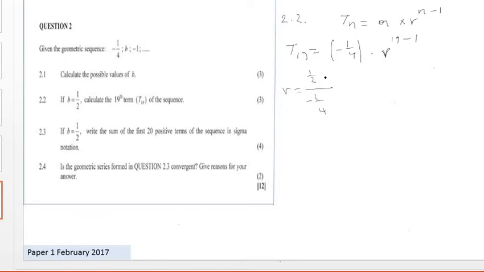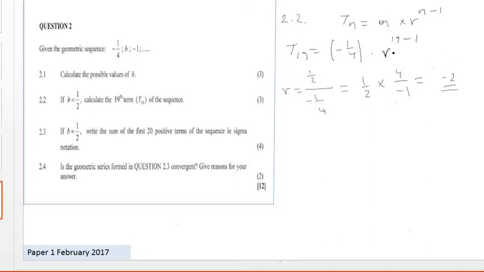Now we can simplify this using cross multiplication. So we multiply by 4 and then we divide by -1. If we work this out, we are going to get -2. So that is the value of r.